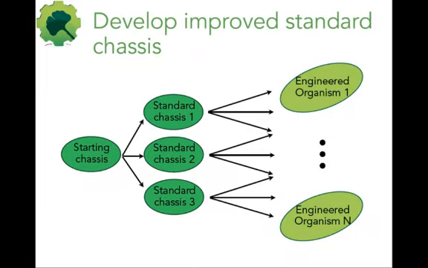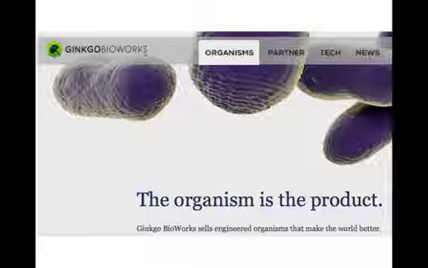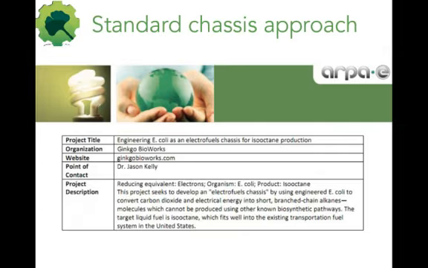And so this alternative example is one that Ginkgo Bioworks is focused on, where they do try to engineer organisms in a forward-looking way. So take a chassis and make it into an organism that you would like to produce X, Y, or Z. They have an ARPA-E proposal as well, and this one also to make fuel.